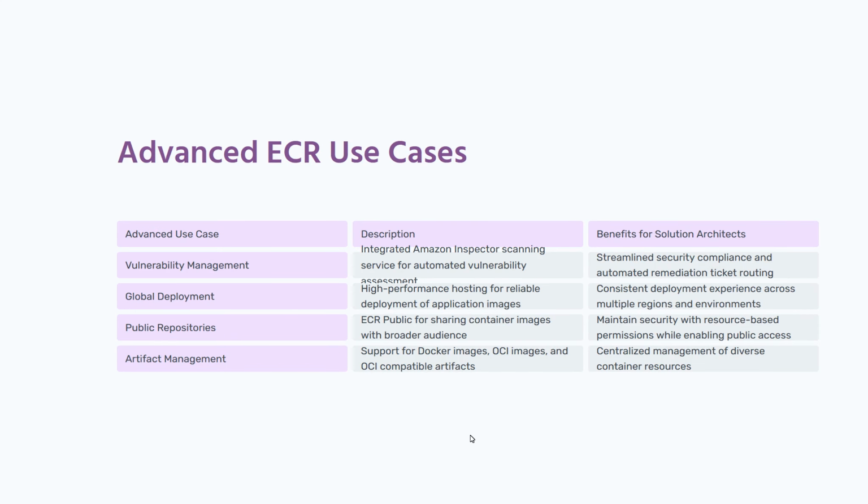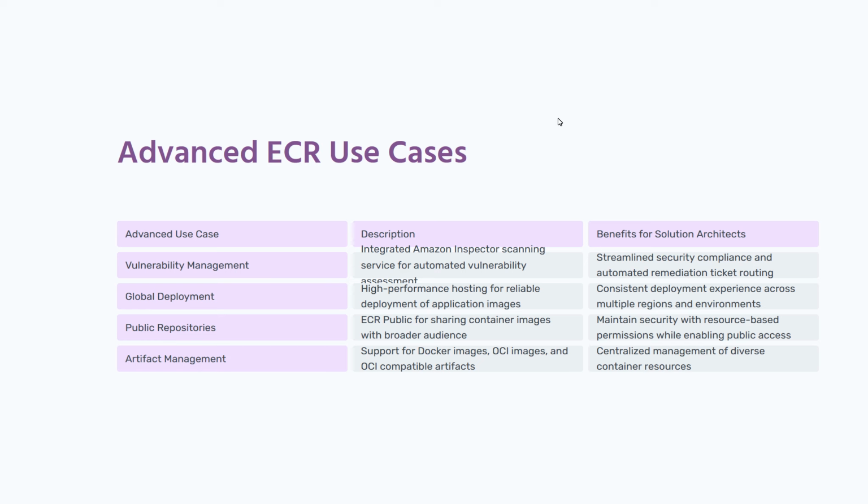All right, now we're going to discuss a few more advanced ECR use cases. First, vulnerability management: integrated Amazon Inspector scanning services for automated vulnerability assessment, finding vulnerabilities in containers. The benefit for solution architects is streamlined security compliance and automated remediation ticket routing.